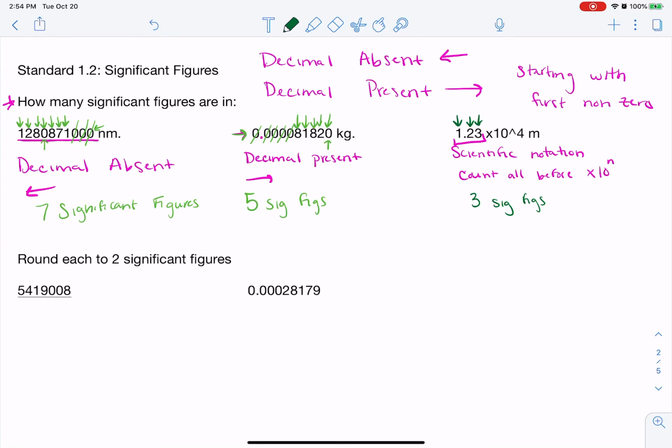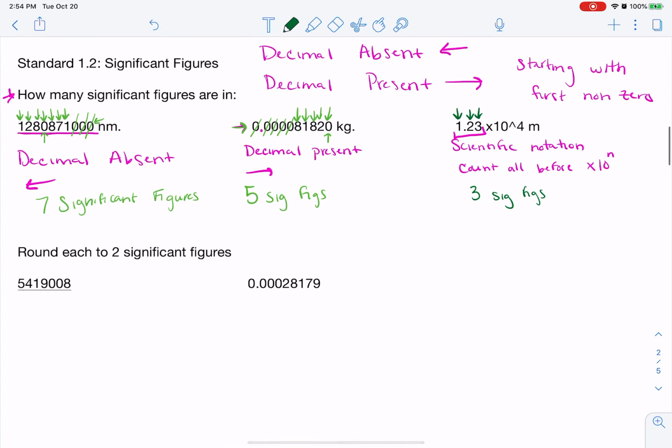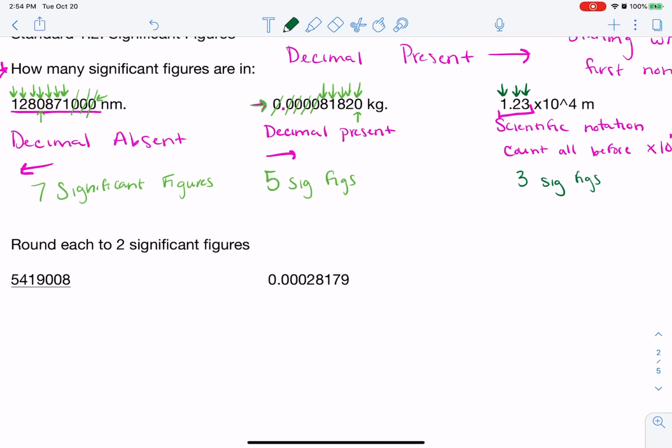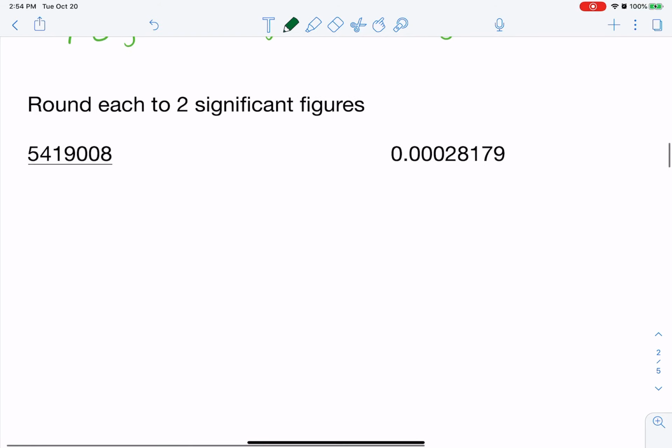But what if we want to round? Let's take a look at some examples of this. So this says round each to 2 significant figures. So if we have a large number like this, no decimal, we're going to start from the left. We go 1, 2. Now this number here is going to tell us if this rounds up or down.